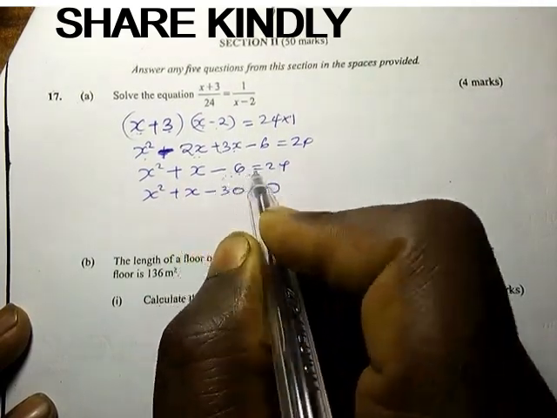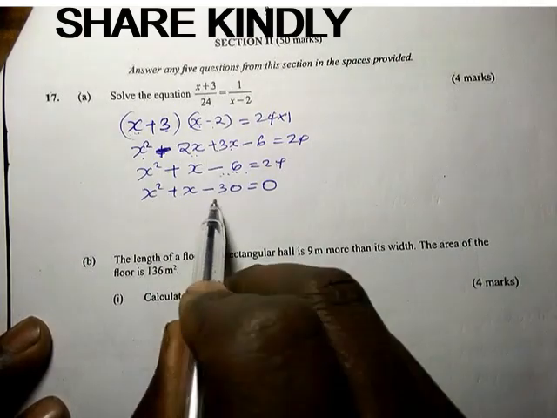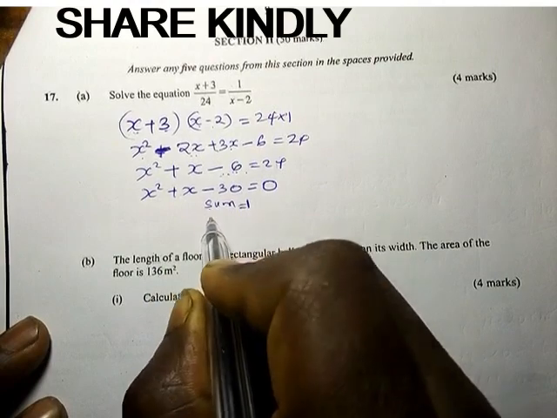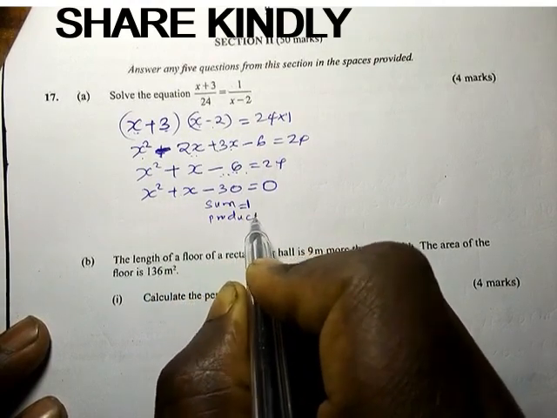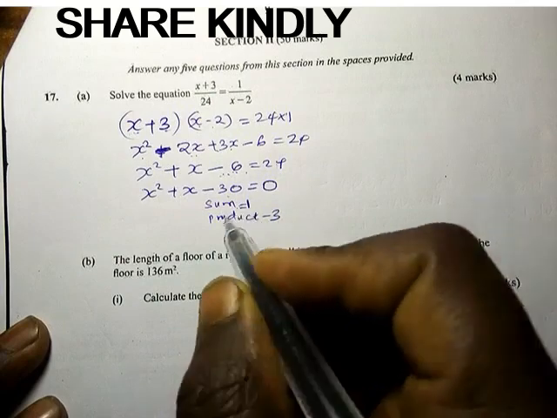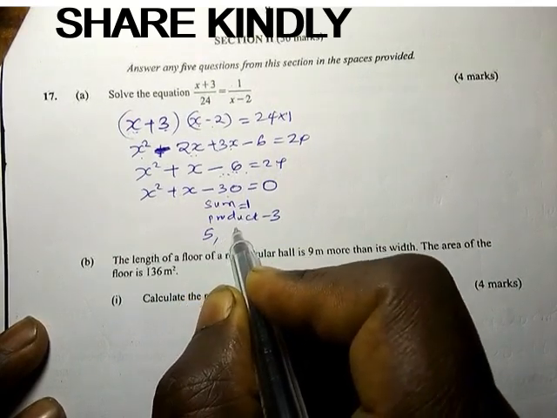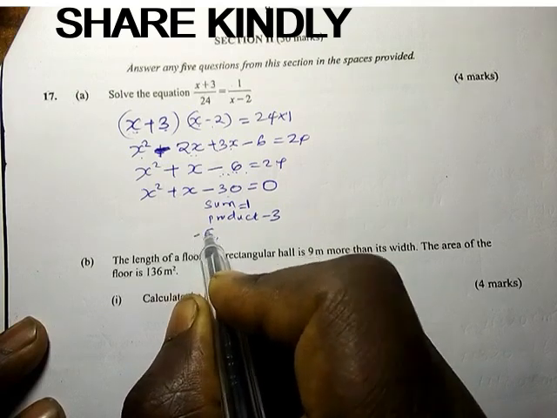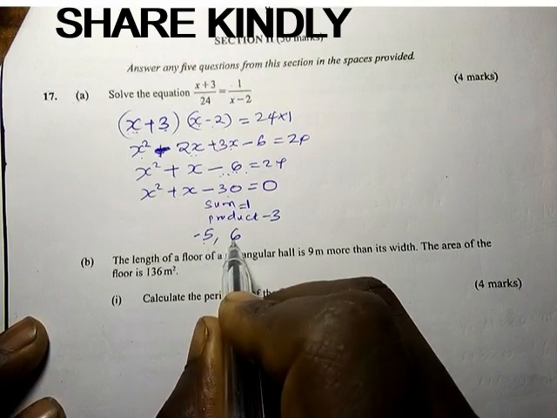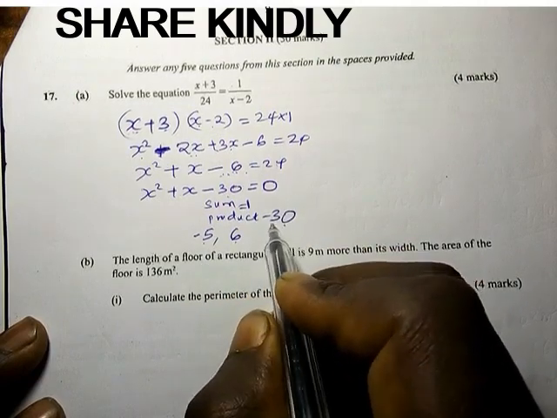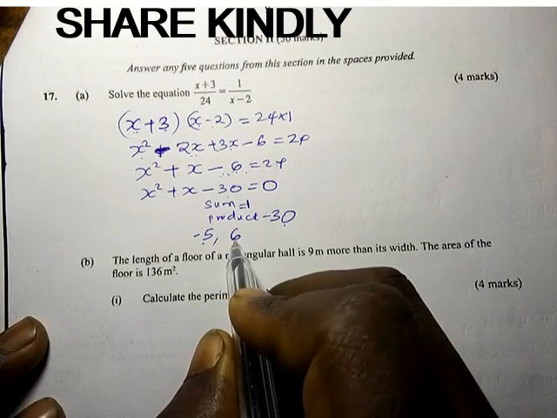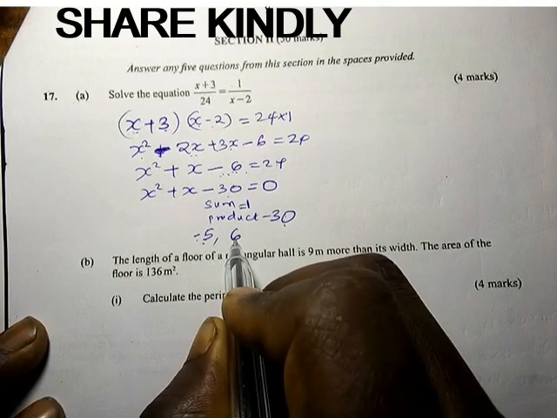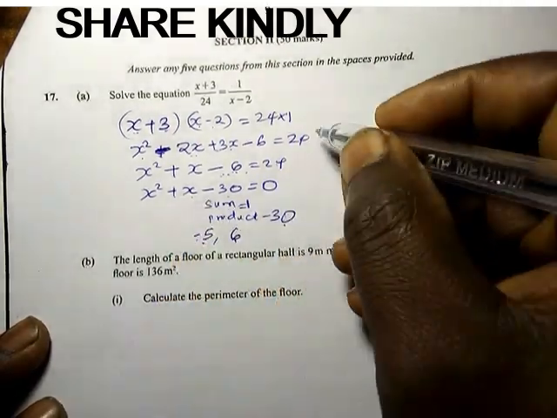This one is coming back here. So when we get there, I look for two numbers which when multiplied the product is negative 30, and the sum is 1. The numbers are negative 5 and 6. Negative 5 times 6, the answer is negative 30. That is the product. The sum, negative 5 plus 6, the answer is 1x.